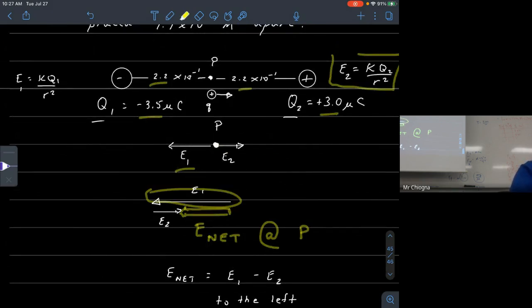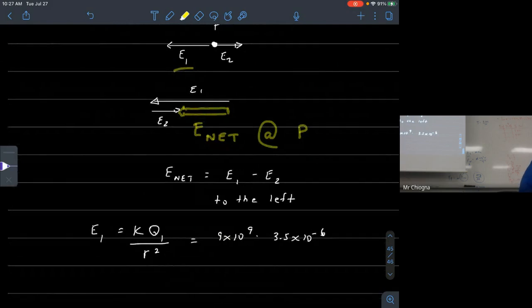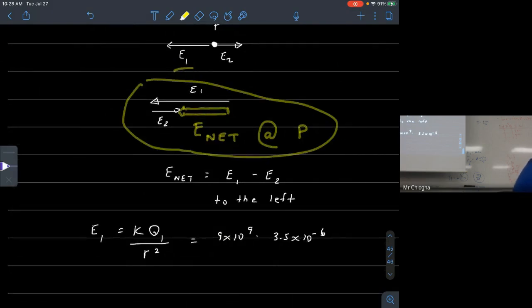Direction is taken into account by drawing the correct diagram and then writing the overall direction of the net electric field at the end, in this case to the left. You could put negative if you want, but it's already taken into account in the diagram.